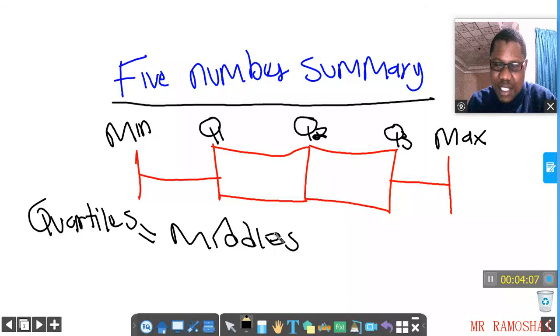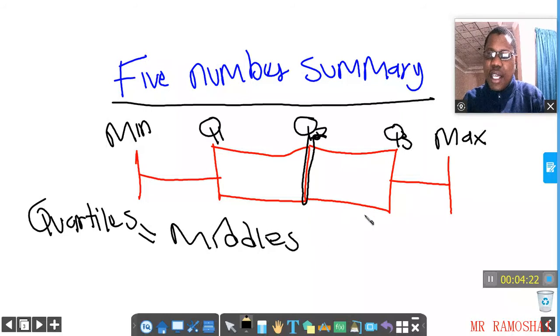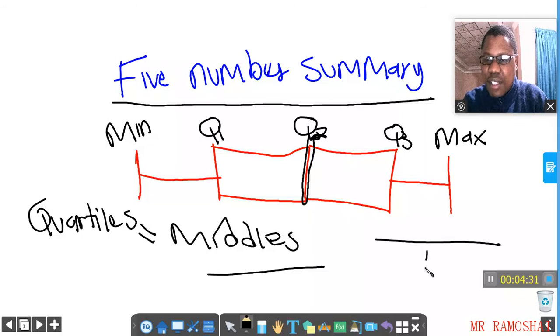Why do we say quartiles are middle numbers? It's because we start with quartile number 2, which is our middle number. And what does it do? It divides our data into 2 equal parts, right? Then from there you will have 1 part here, 1 part here. If there are 4 numbers here, that means there must be 4 numbers here. Then there will be Q2 in the middle.